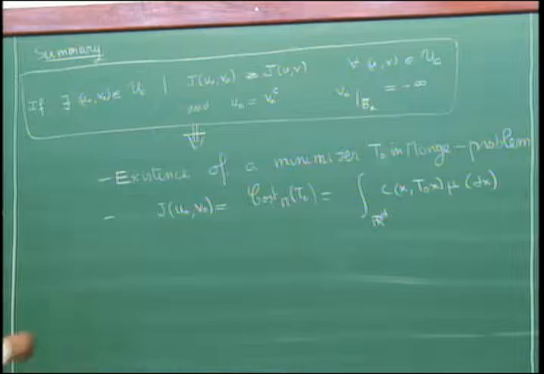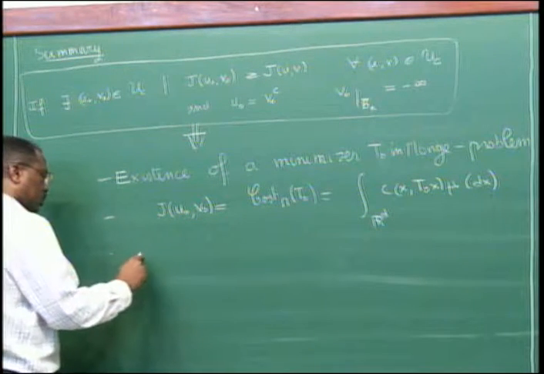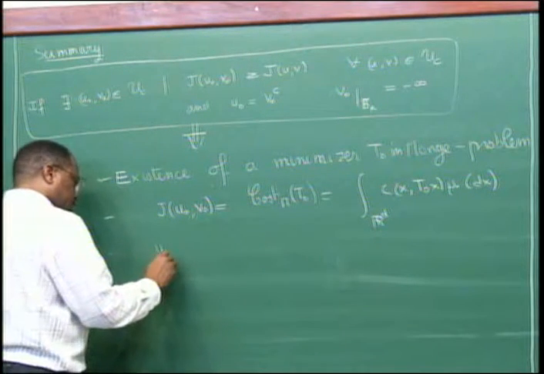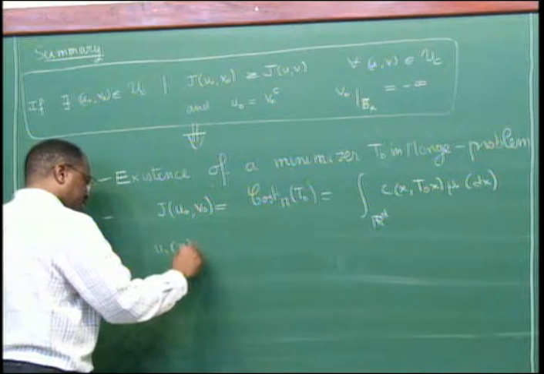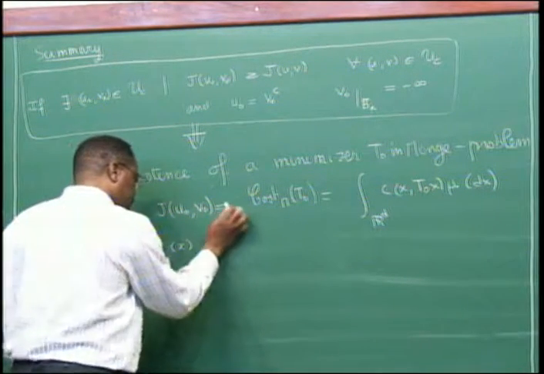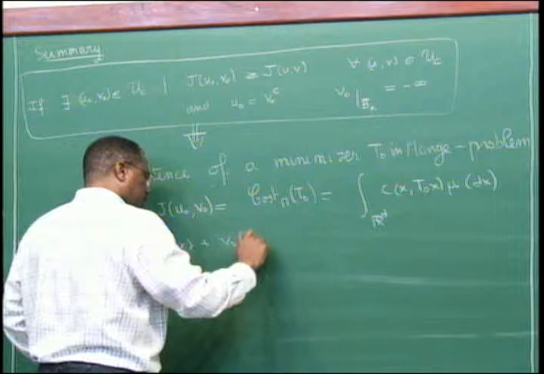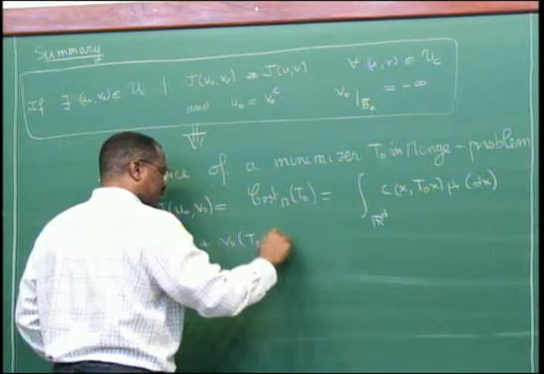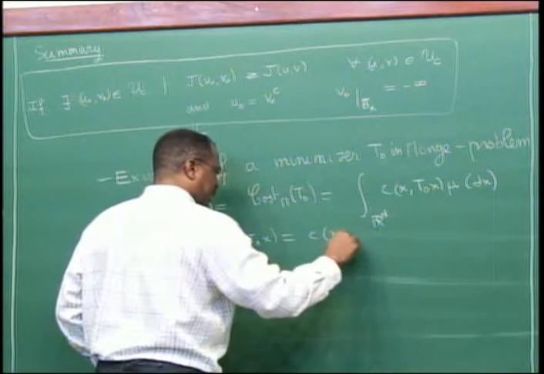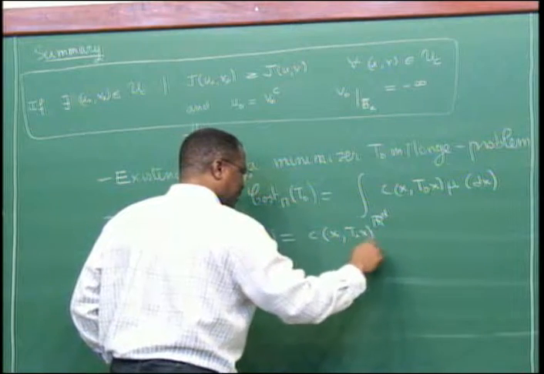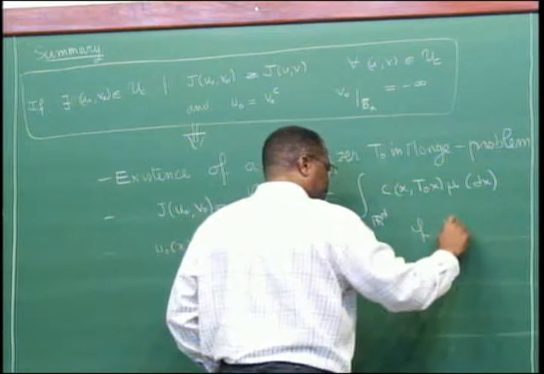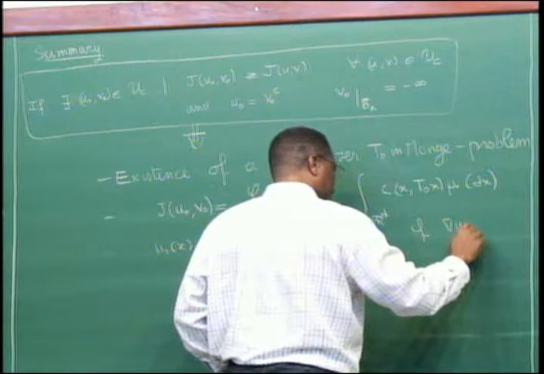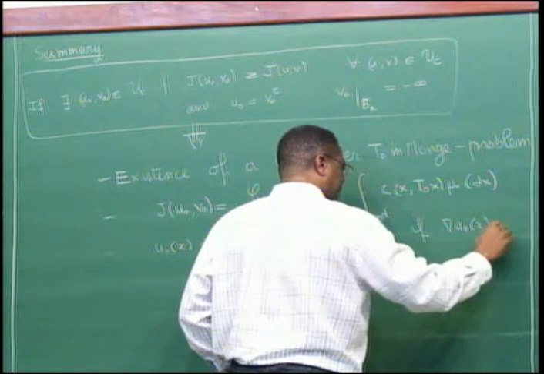And u naught of x plus v naught of T naught of x equals c of x, T naught of x if the gradient of u naught of x exists.